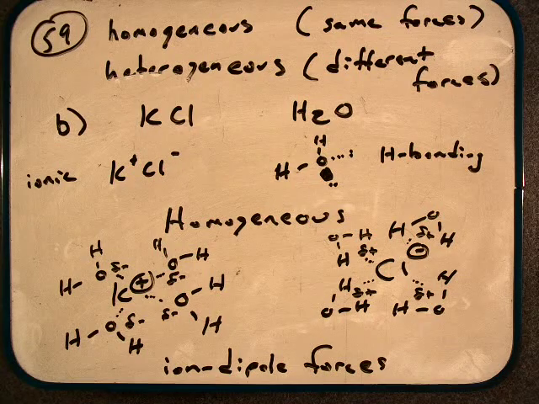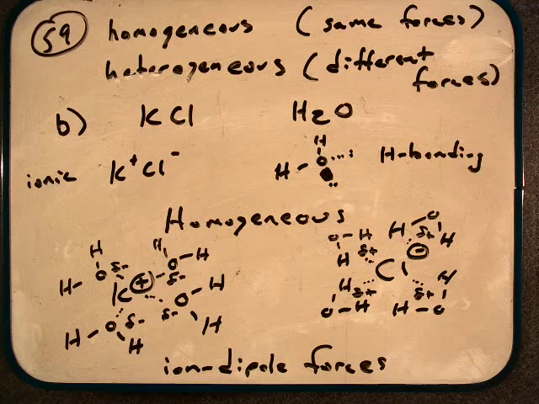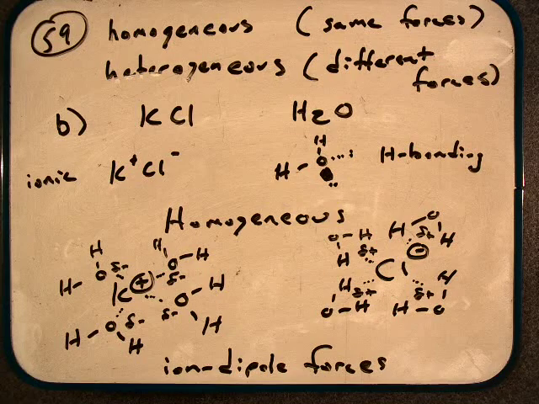So that's why a lot of ionic compounds actually dissolve in water, because when they dissolve, they create this new type of force of attraction, which is referred to as ion dipole forces.